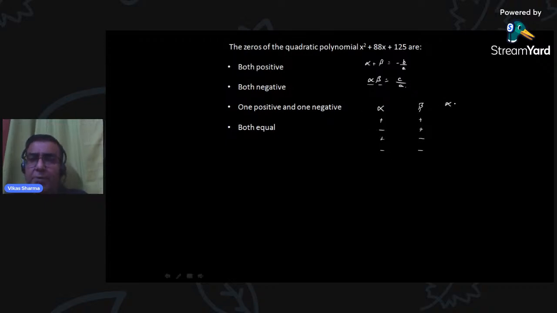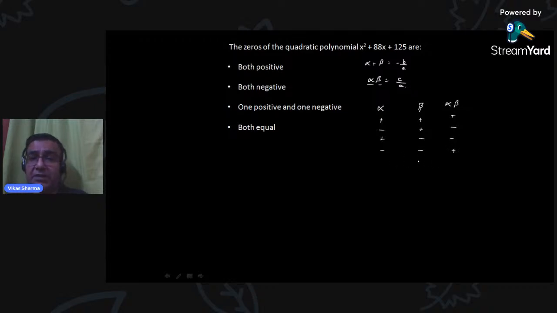What will happen to alpha beta in each case? If both are positive, alpha beta will be positive. If one is negative and one is positive, alpha beta is going to be negative. If this one is positive and this one is negative, again alpha beta is going to be negative. And if both are negative, alpha beta is going to be positive.